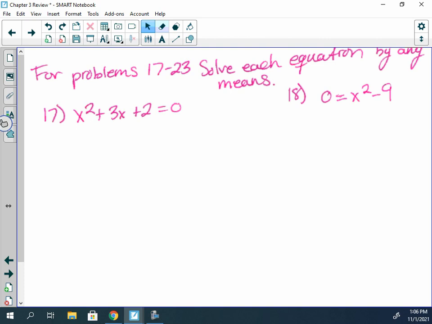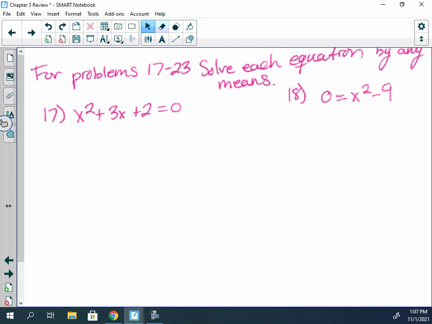So what are the 5 ways that we've gone over for solving quadratics? We had the quadratic equation. I'm just writing these down because that is one of the methods. We had 5 different ways to solve them. What was one of the other ways? What other ways did we have to solve these?